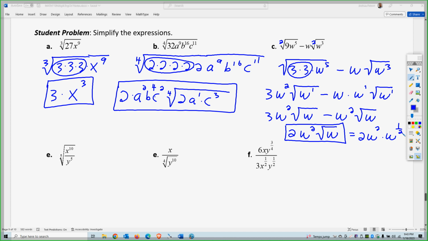Because if you're writing the radical as an exponent, then I can actually combine these further because 2 plus a half is 2.5, correct? So think about what 2.5 is as far as an exponent. That's 5/2, isn't it?